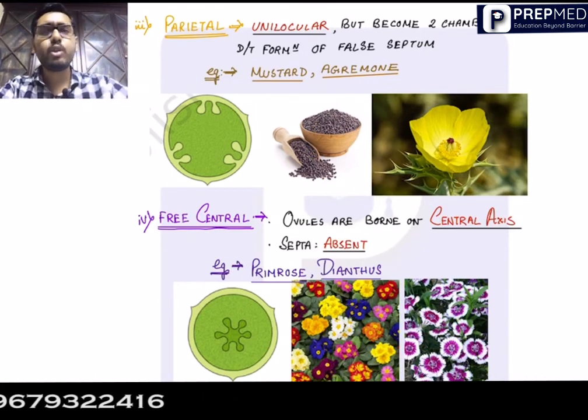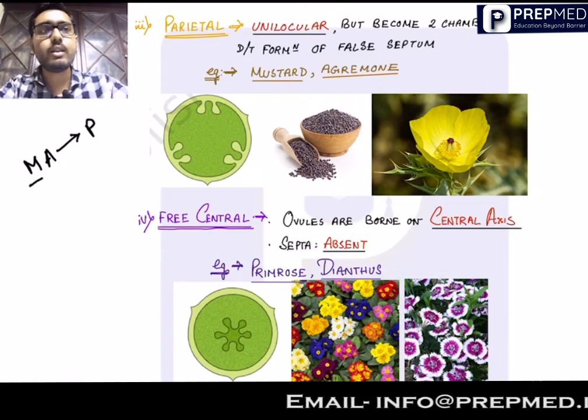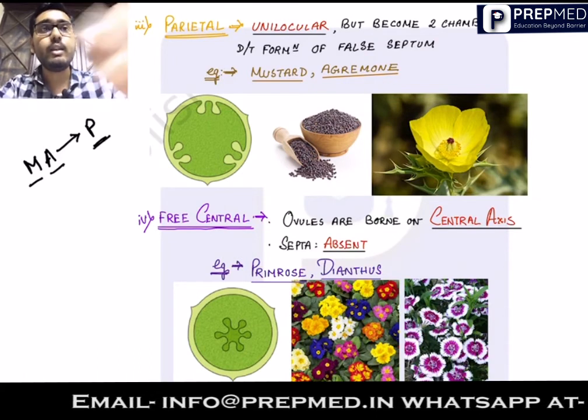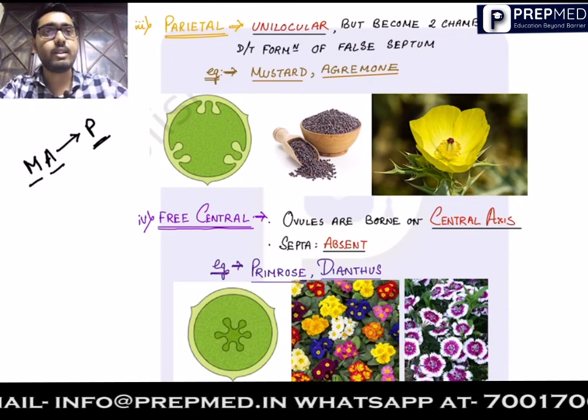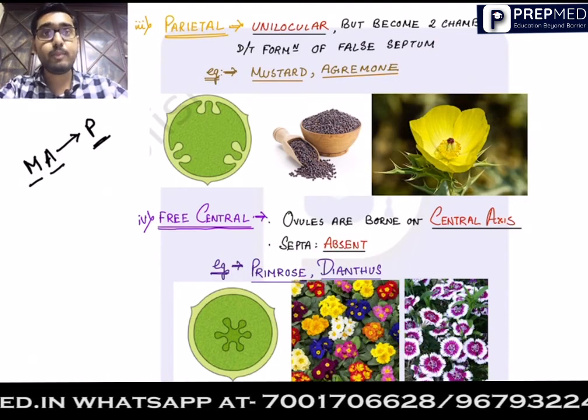The first mnemonic that we learned today is MAP FB. The same word, MAP: mustard, argemone is in parietal placentation.